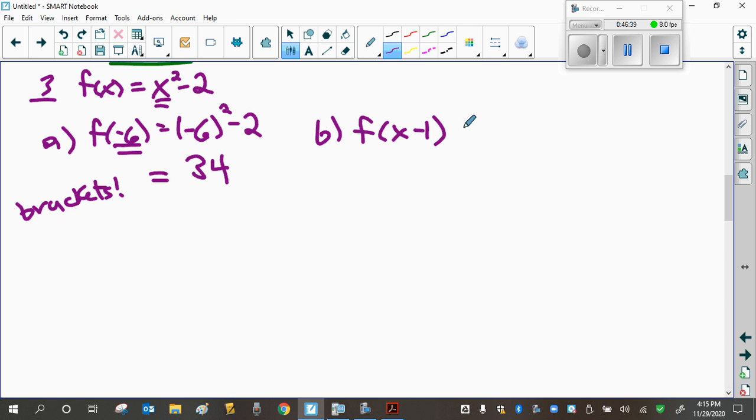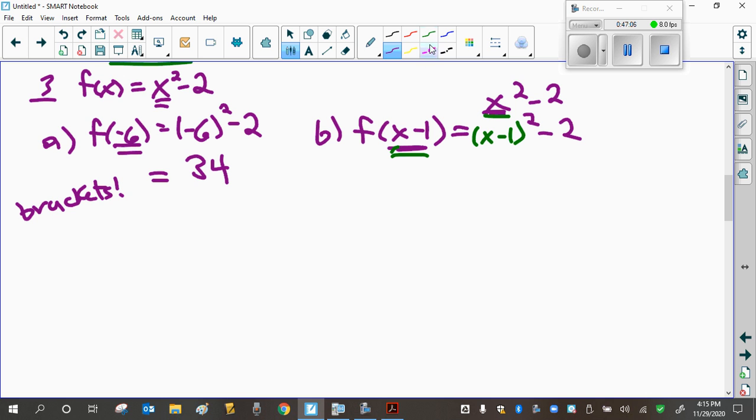And for this one, wherever I see an x, I put x subtract 1. So everything else stays the same. It's just this underlined 1 turns into x subtract 1. So there's my x. Everything else in purple stays the same. I square that, and I subtract 2.